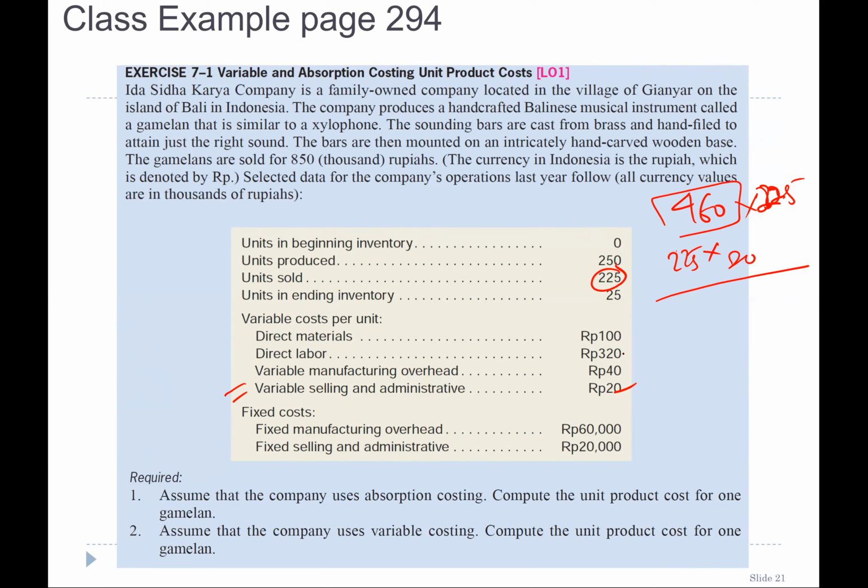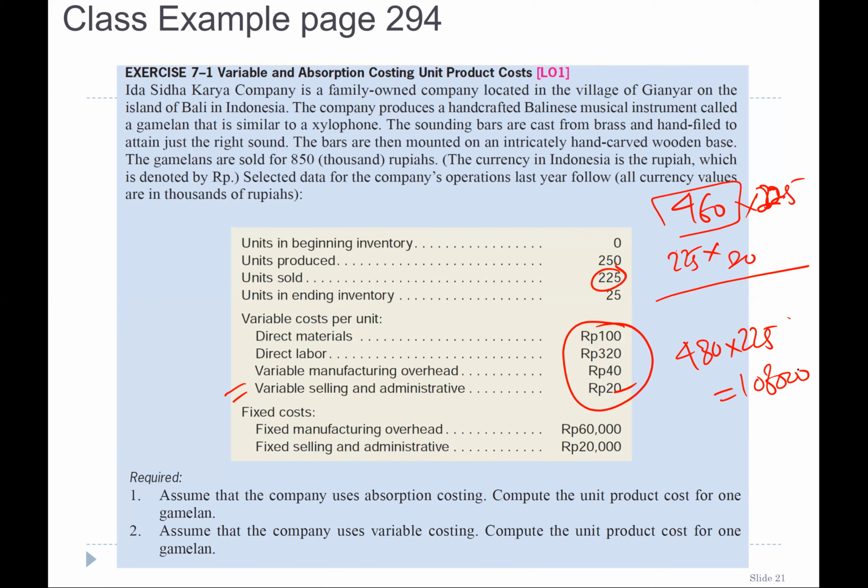Even if you add like that, even then it's not 120,000. If you add everything here, this is 480. Even then, if you multiply this with 225, the answer would be the same.